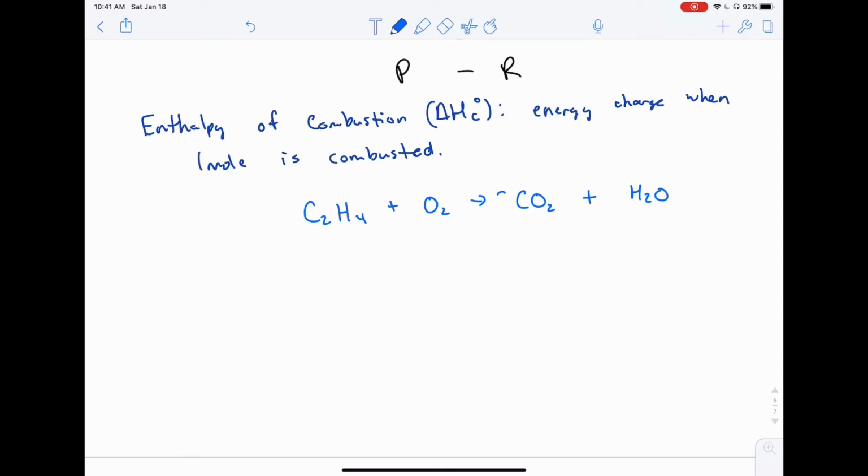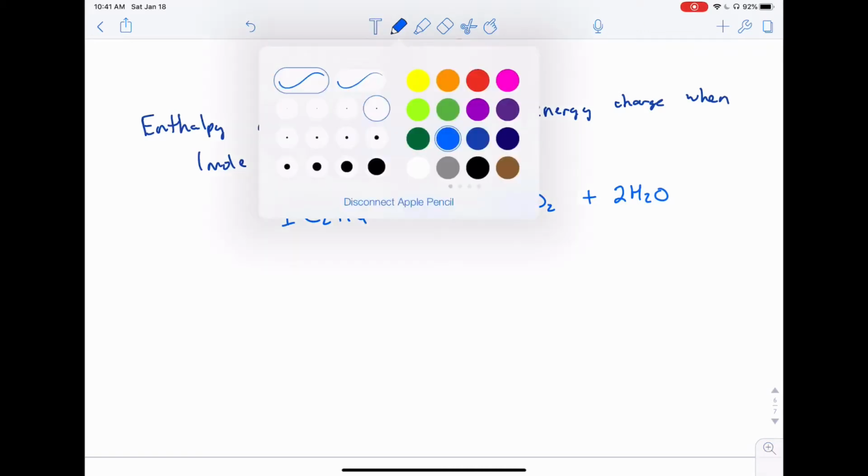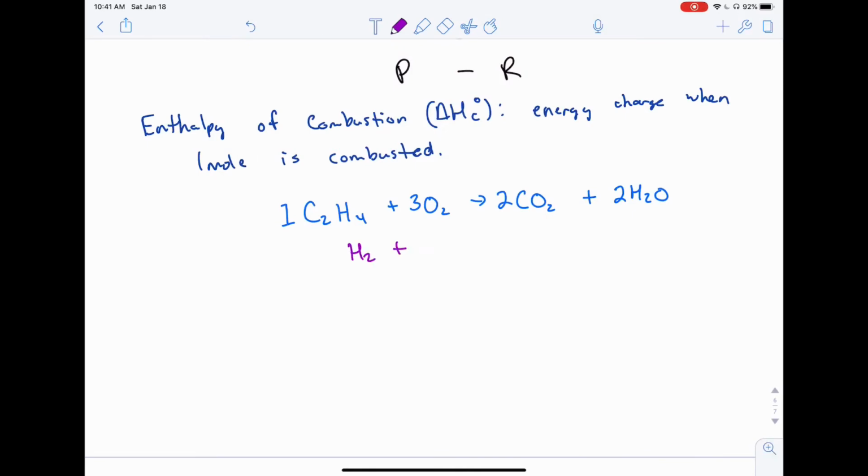Balancing this would be 2, 2, and 3. Has to be 1 mole here. And then C2H6 plus O2 would equal 2 CO2 plus 3 H2O and 7 halves O2. Okay, these are all combustion reactions.